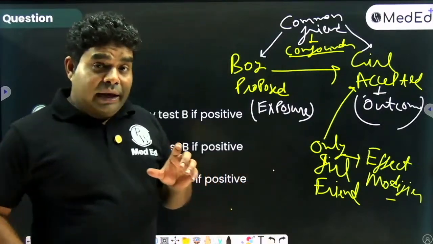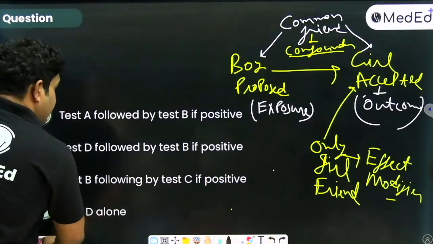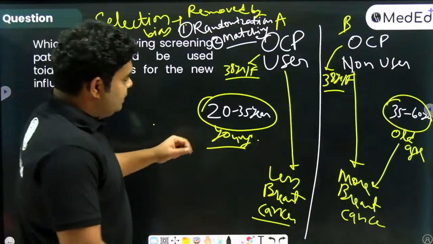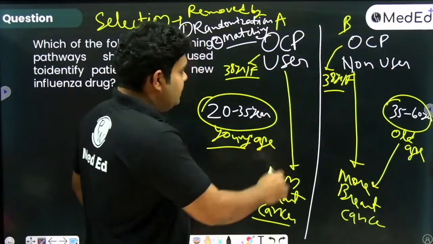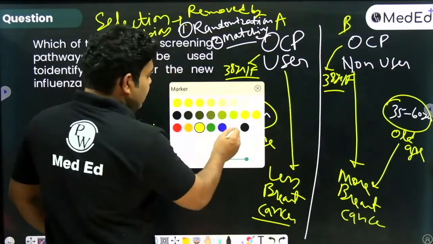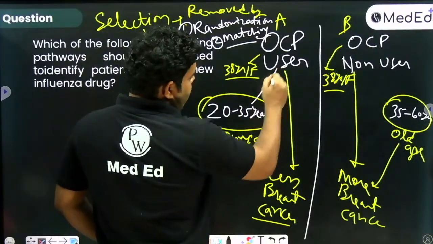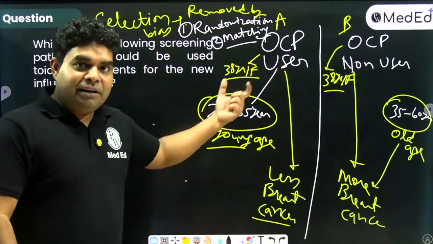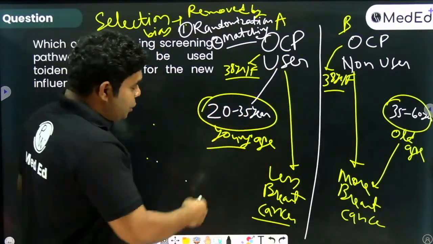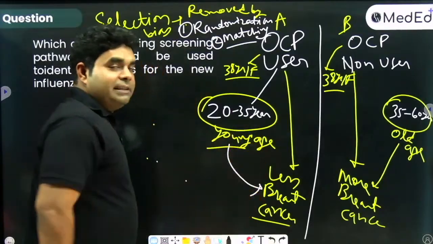And in our story of OCP and breast cancer, you can see young age is related to OCP use, whom we are giving OCP to young people, and in young people breast cancer is less.